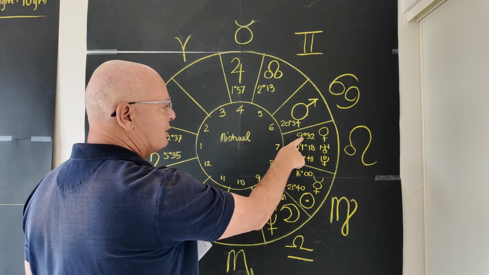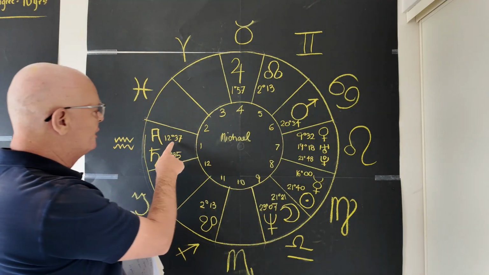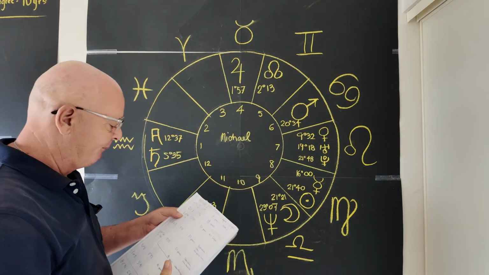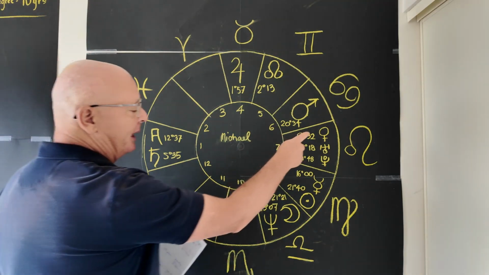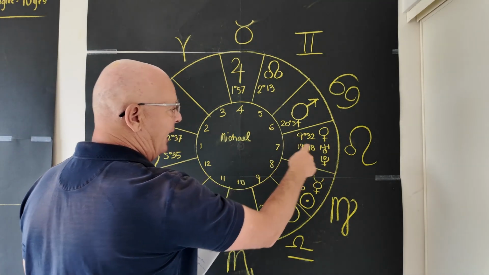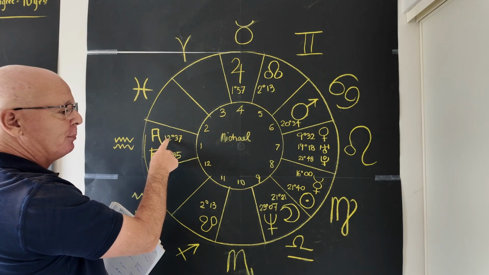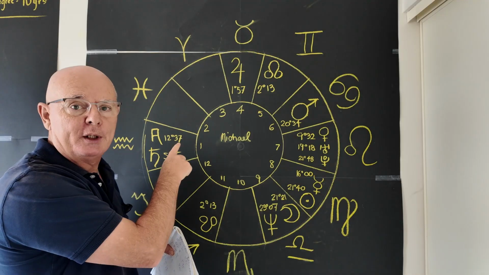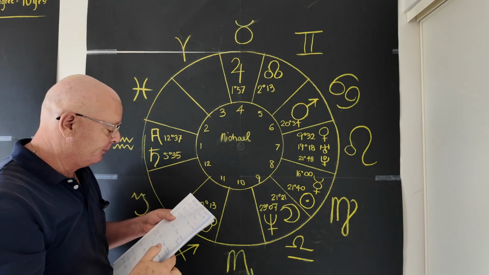Because if you add 3 degrees 5 minutes, you get 12 degrees 37. That's the degree on the ascendant here. So Venus is making a conjunction with the 7th house, and it's making an aspect opposite the 1st house, MEP, most effective point in each house.